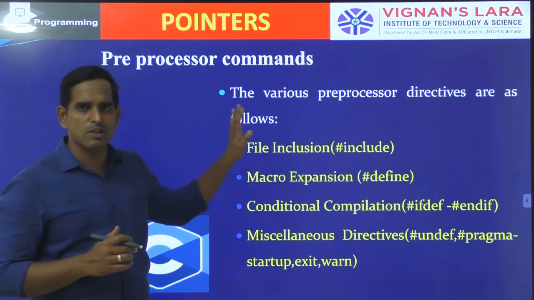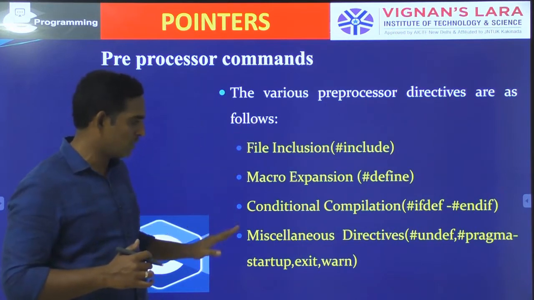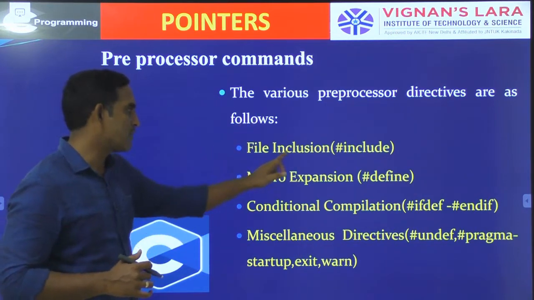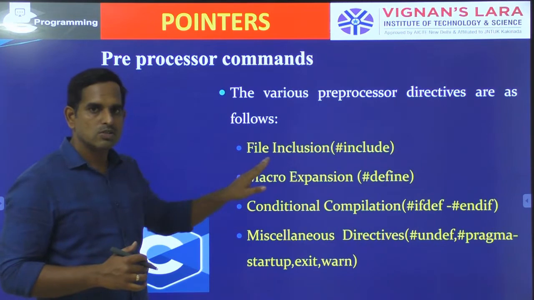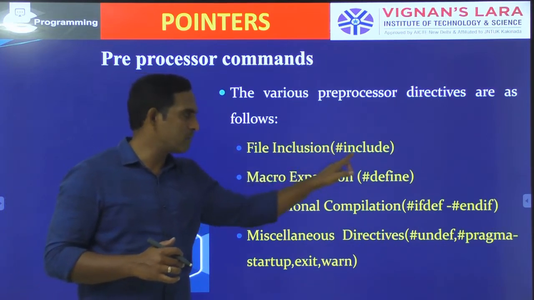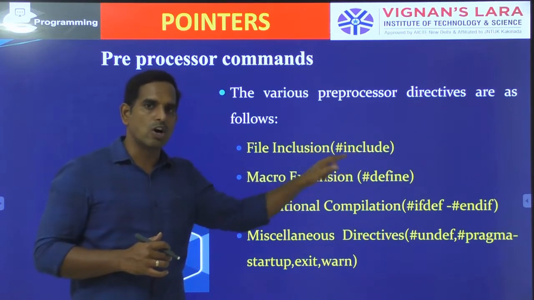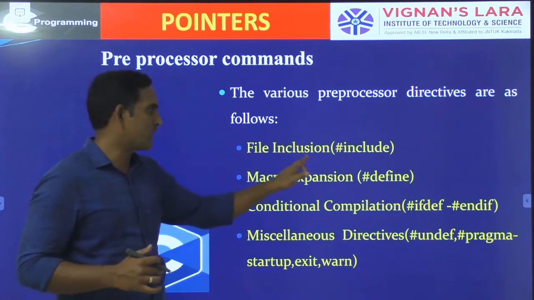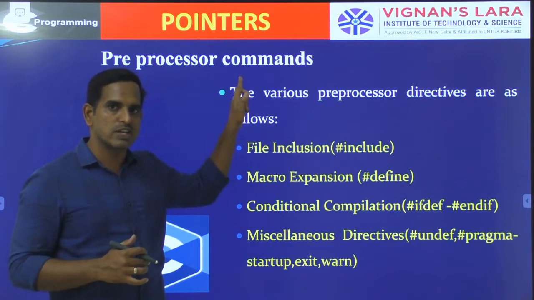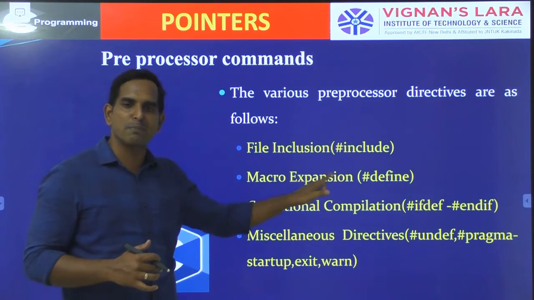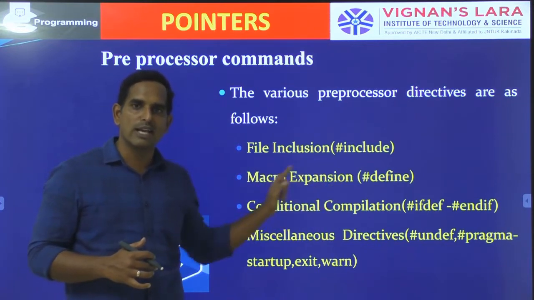So the various preprocessor directives are grouped into the following types. The first type is file inclusion. The file inclusion is done by using your hash include, which you have been doing so far. So file inclusion is one type of preprocessor directive. The second type of preprocessor directive is macro expansion.